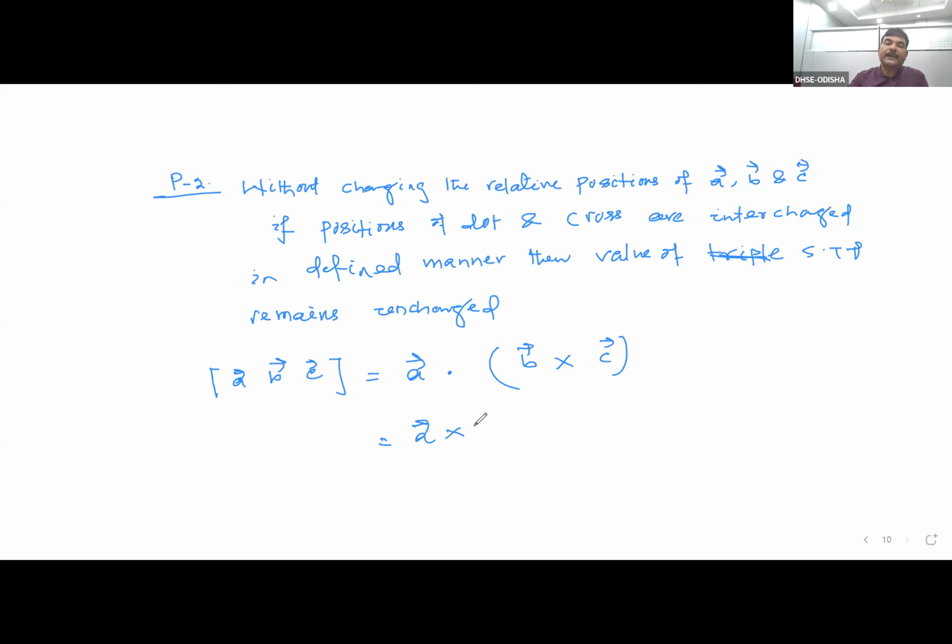If K, L, M are constants, then box product of K A, L B, and M C is equal to K L M times box product ABC.